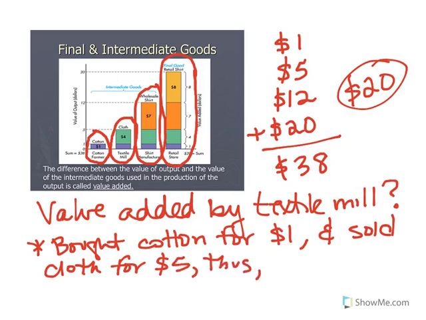Thus, you just take the difference. Thus, $5 minus $1 means that the textile mill added $4 of value to that good in the production process.